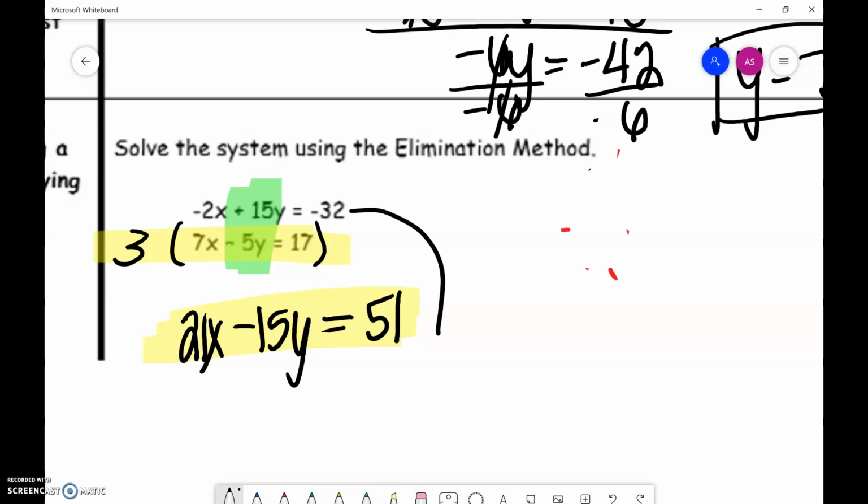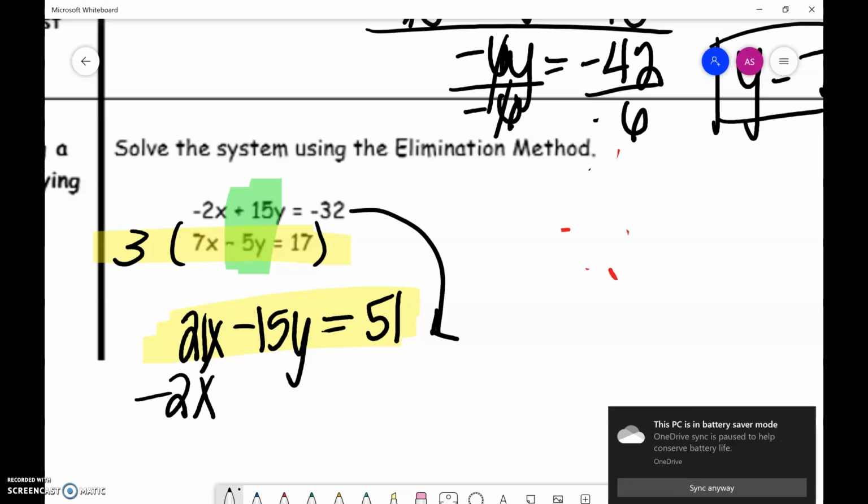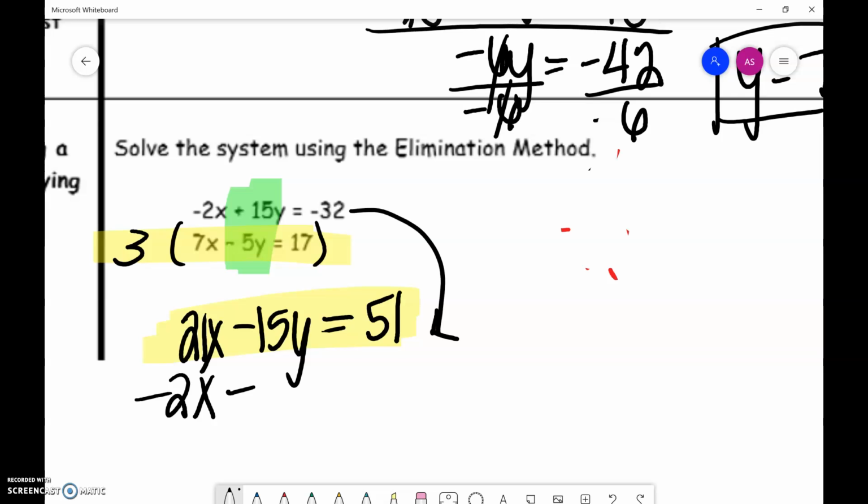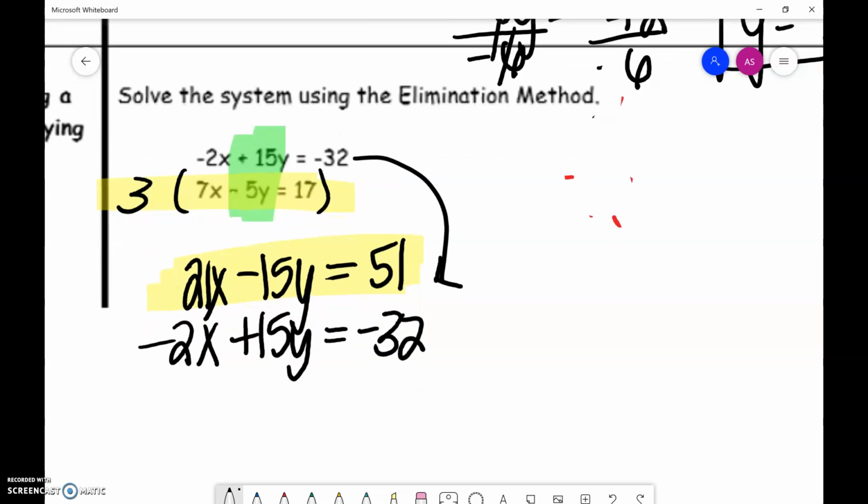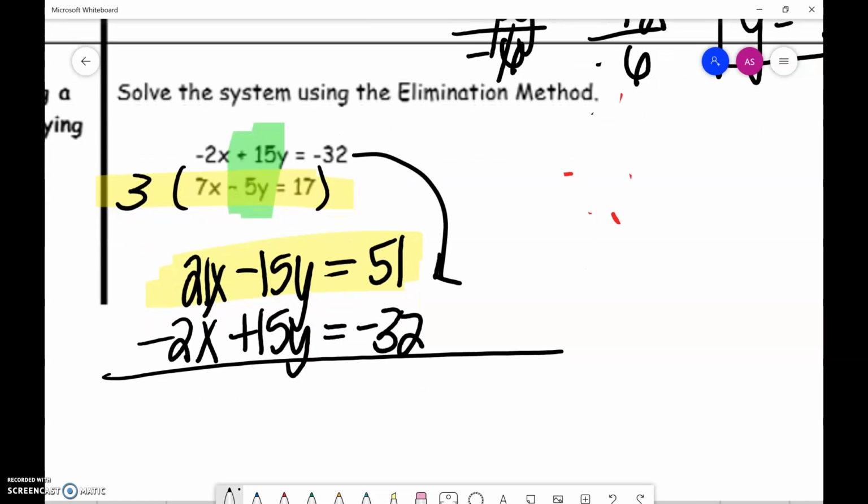So I'm going to bring down the equation that I didn't do anything with, and write that directly under this. So I have plus 15y equals negative 32. Now we have a variable that can eliminate.